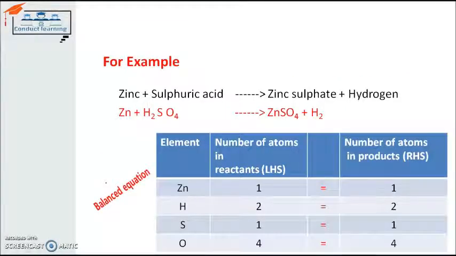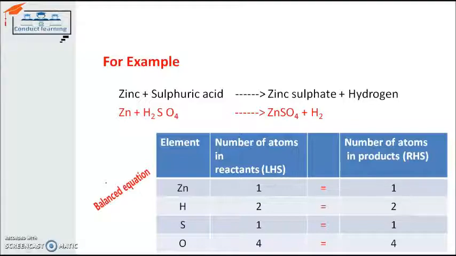Here is an example of how to calculate the number of atoms, as I also described previously. How to calculate the number of atoms, and the easy way to understand it, is given in this slide.